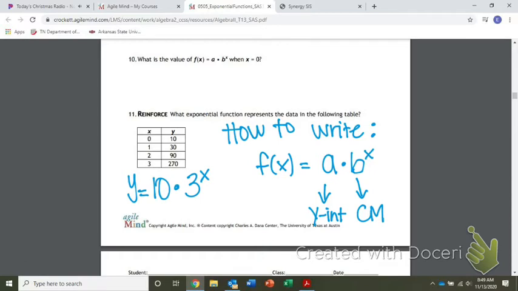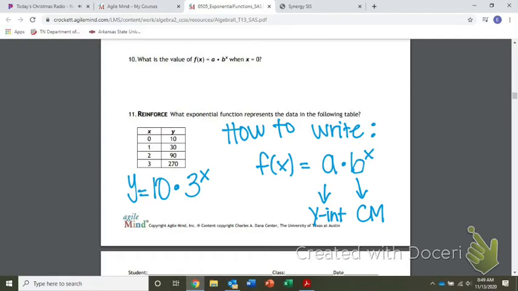Now, can I combine that and say y equals 30 to the x? No. Why not? 30 to the x is different than 10 times 3 to the x. Did you get that x on there? Can't combine them. Okay.